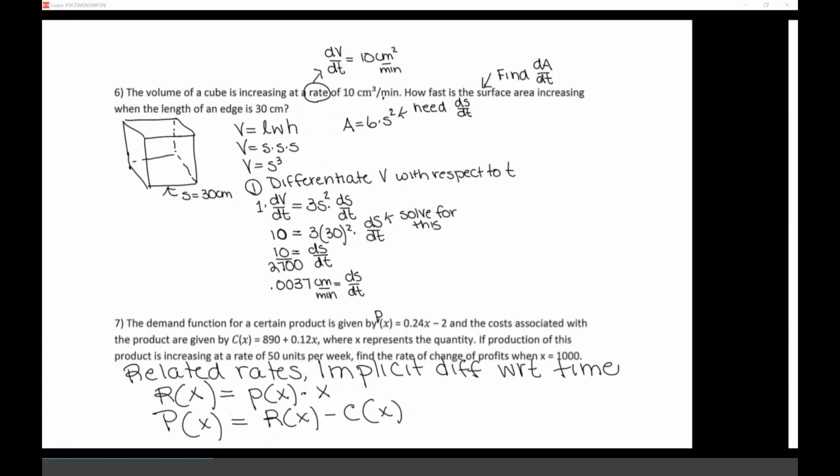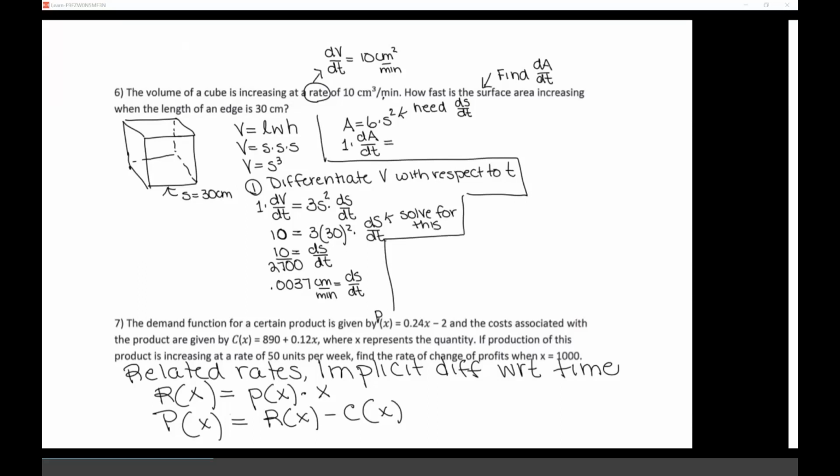Now I can actually spend time on what they wanted me to, which was to find out the rate at which surface area is increasing with respect to time. So I'm going to differentiate area with respect to time. If I differentiate the outside value of A, that's 1. Then this is dA dt, using the chain rule.